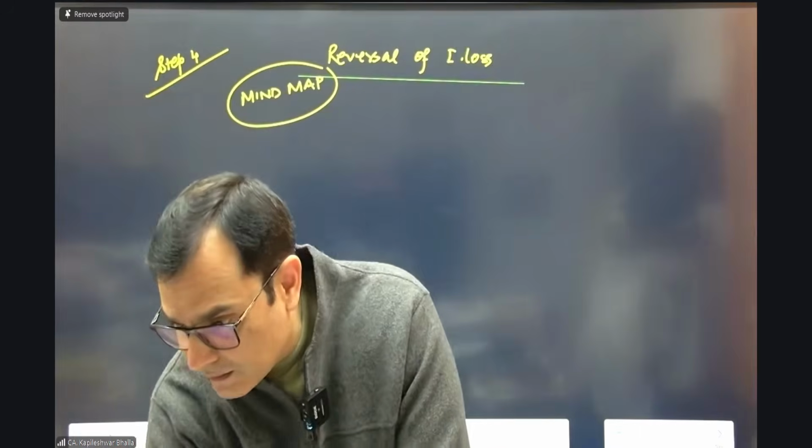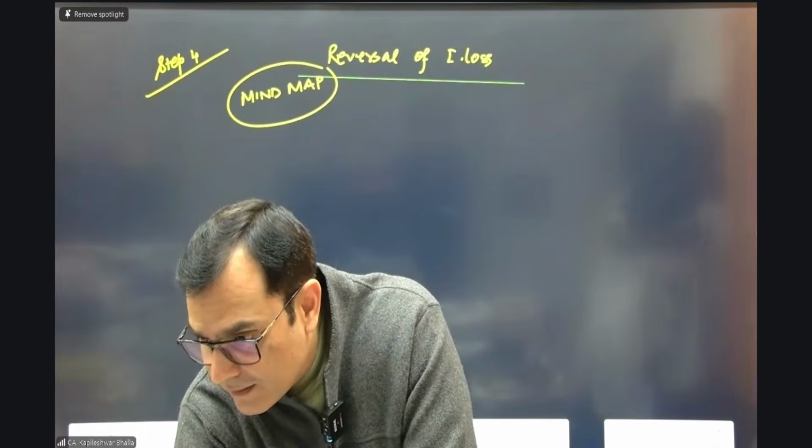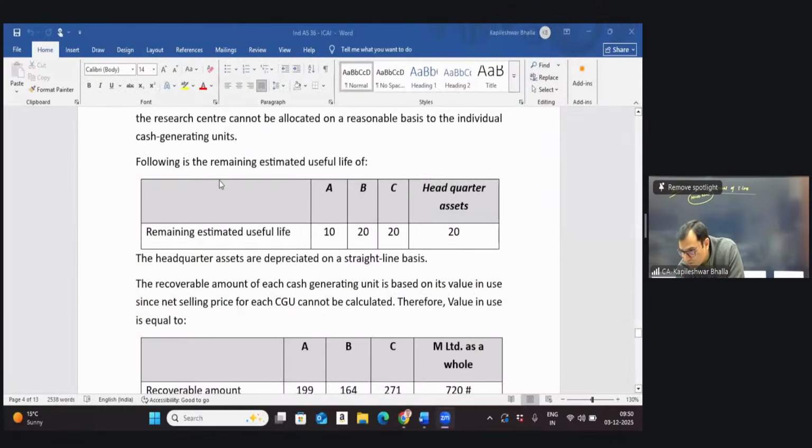I'll just share it on the screen. You're given the remaining life in this chart. A is 10, B, C and headquarter are 20 years. That is the reason when you allocated the corporate assets, we took half of A, or you can make B and C double.